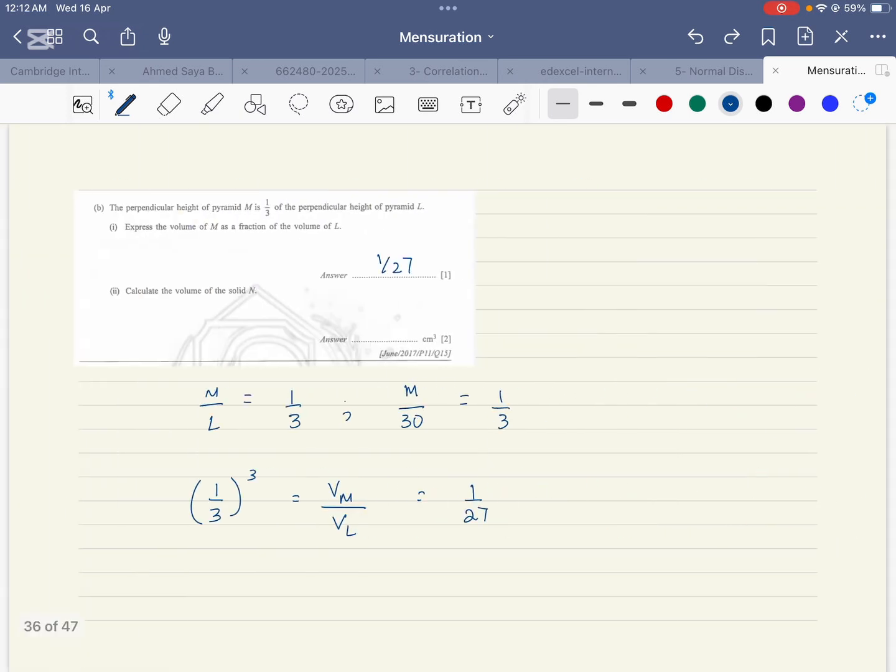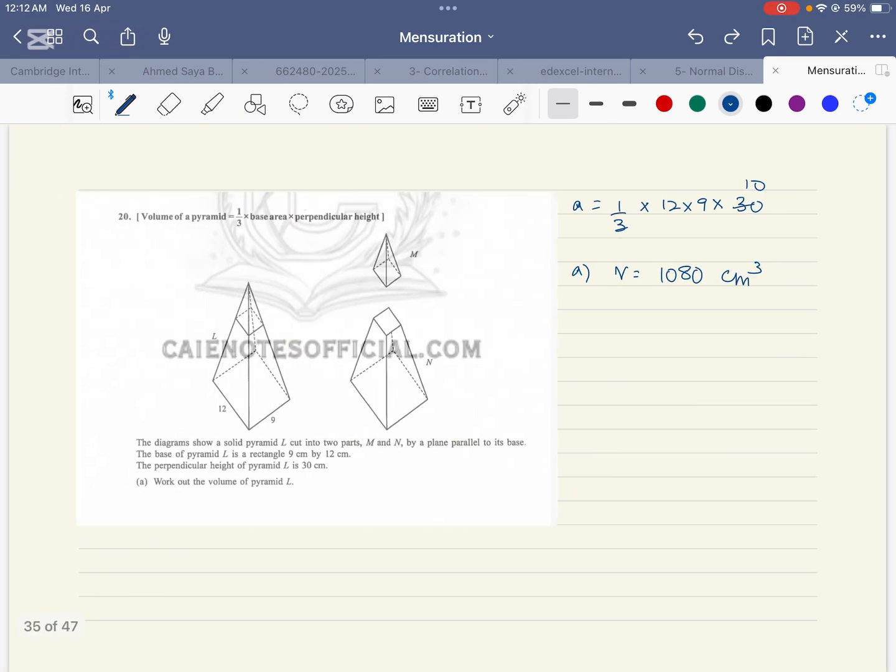So part C, we have 1 upon 27. So volume of the smaller one upon volume of the larger one is equal to 1 upon 27. Volume of the small one is equal to, we cross multiply, volume of the large one, which is 1080 divided by 27.